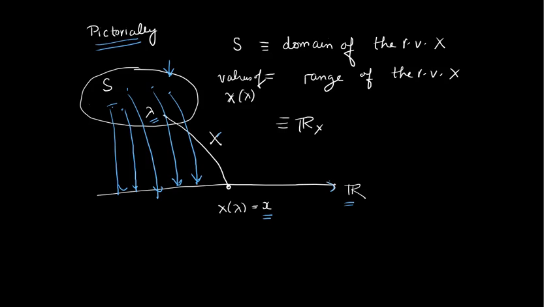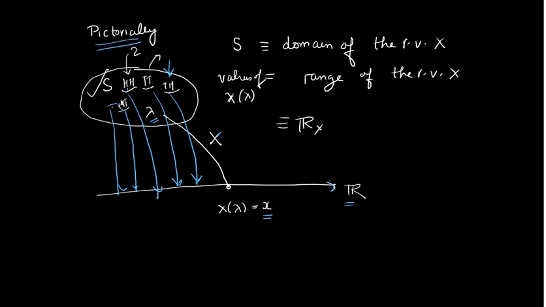If this is a sample space, for example in our first example, we took head-head, head-tail, tail-tail, and tail-head. So there are 4 possible outcomes, or 4 sample points, in this sample space. Suppose we define a random variable that gives the number of heads in that experiment. If head-head comes, the number of heads is 2.